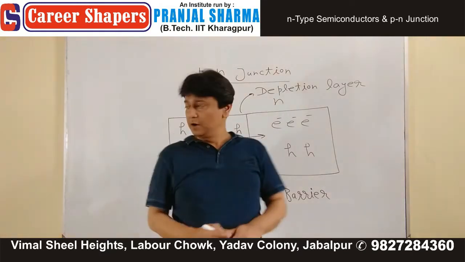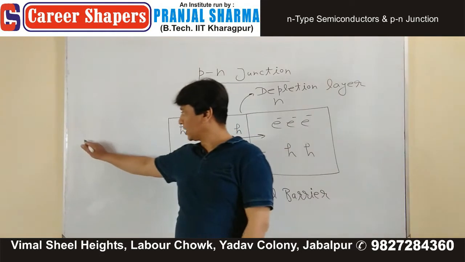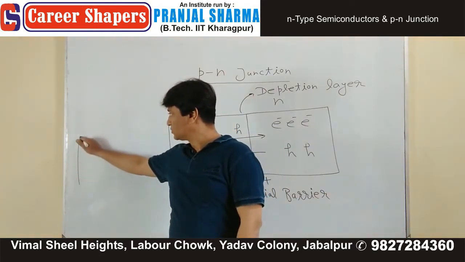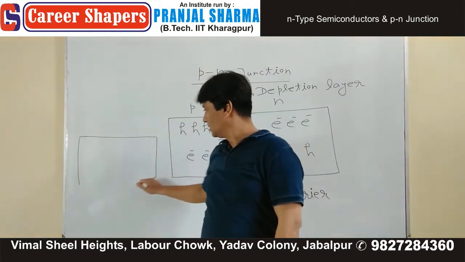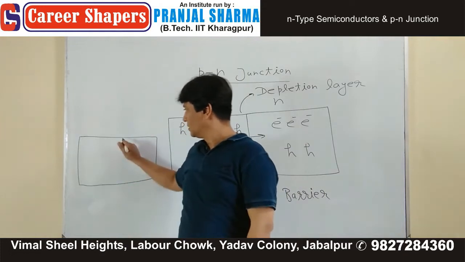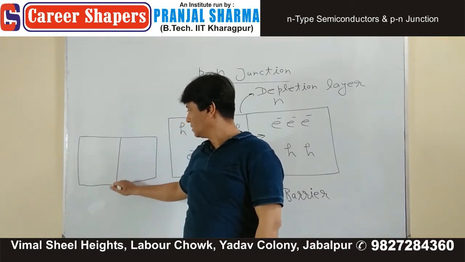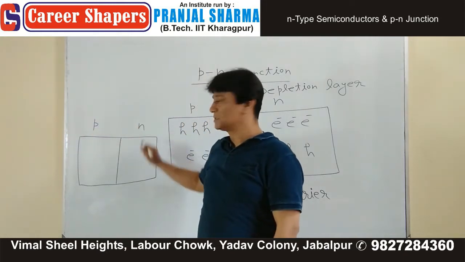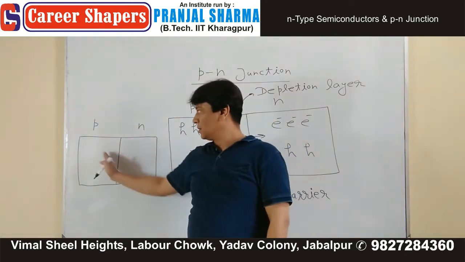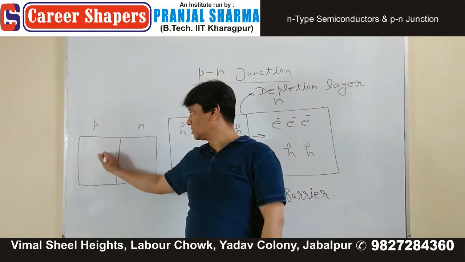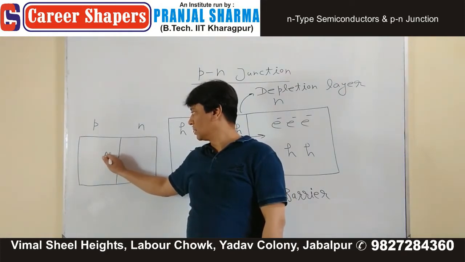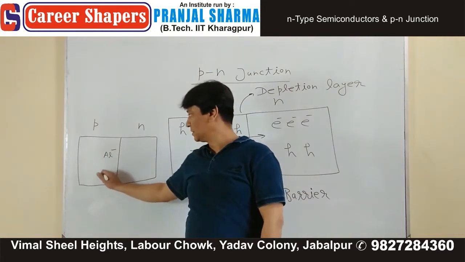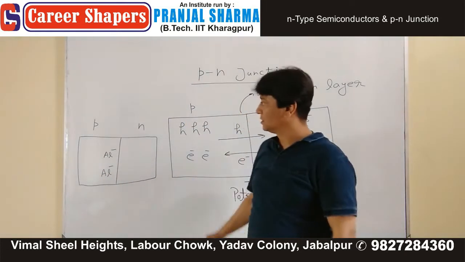This PN part, let's redraw the whole thing in this form. P side, N side. Now for the P side, you've got aluminum fixed ions, which are negative.